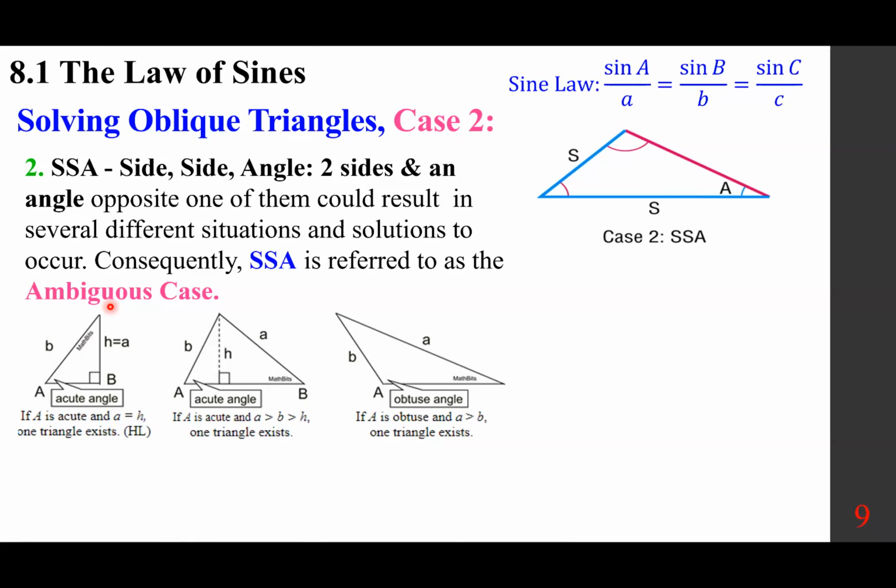If A is acute and lowercase a equals h, one triangle exists. So if one side a is equal to the height, if you drop a height, drop a perpendicular, that's what happens. So that's the acute angle.